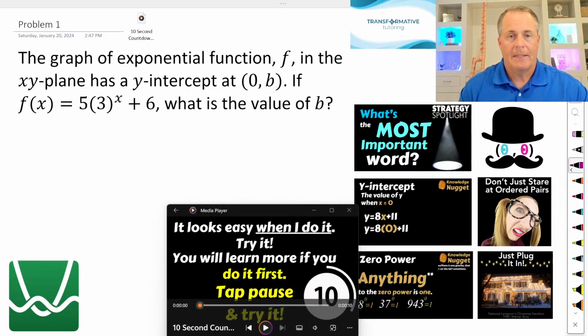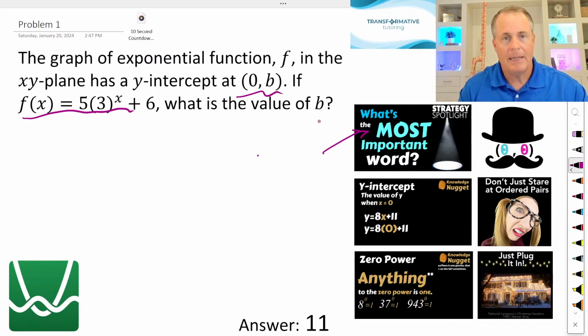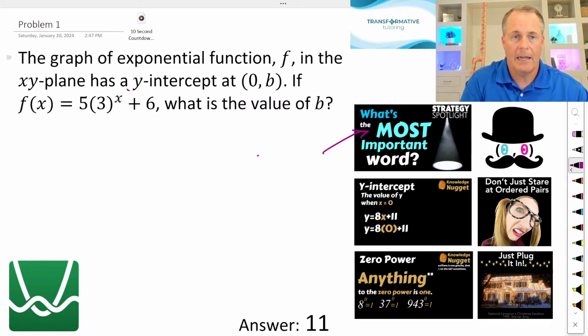All right, as with all SAT questions, we start by asking ourselves, what's the most important word? This question looks confusing. There's this equation, we've got a's and b's mixed in here. But at the end of the day, it comes down to what's the most important word. In this problem, it's the y-intercept.